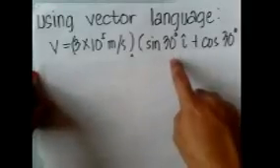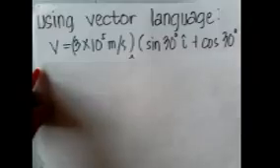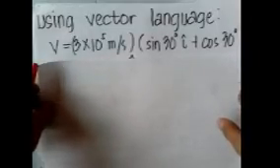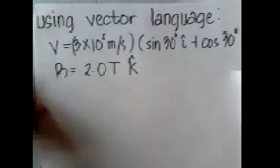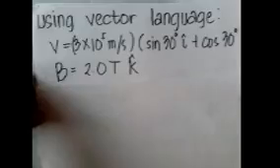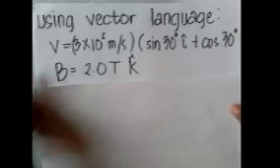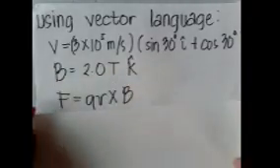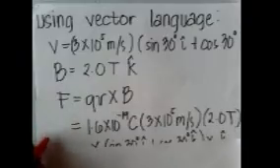So we have sine 30 degrees i hat plus cosine 30 degrees k hat, since it is in the xz plane. The j hat component is 0 since it is only in the xz plane, where our magnetic field is 2.0 Tesla along the z-axis. So it is k hat. Using the product rule, F equals Q V cross B. So, inputting all values here.